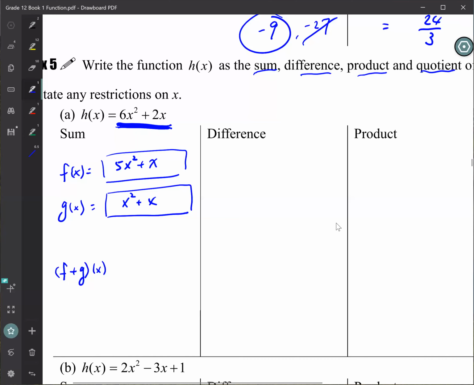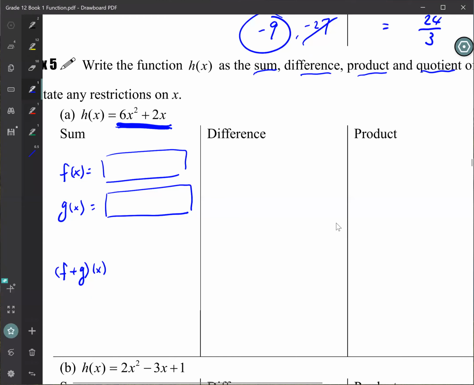Okay, so everybody can write down your own. And I'll get one more. Okay, Tiana, how about you?